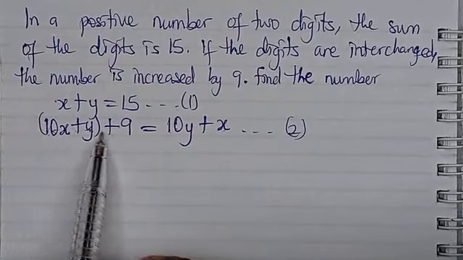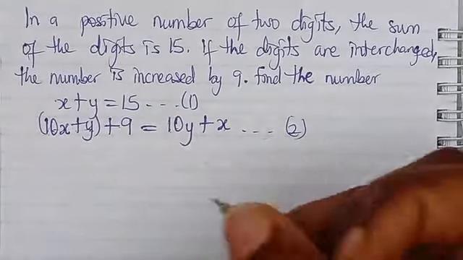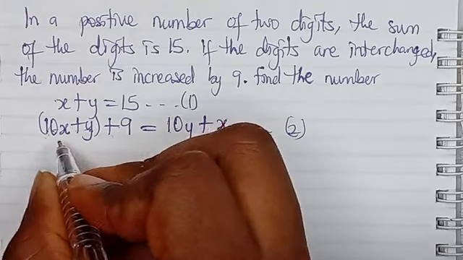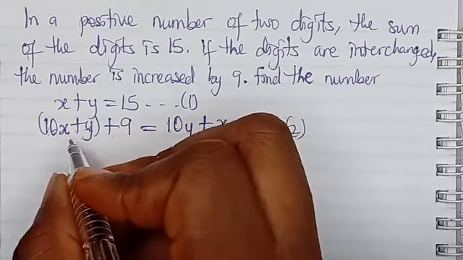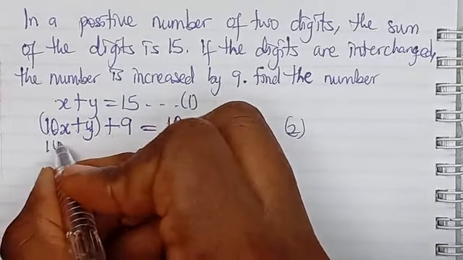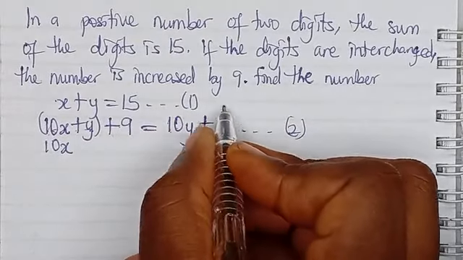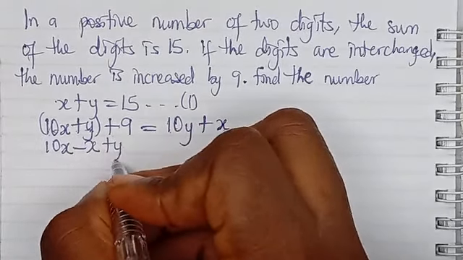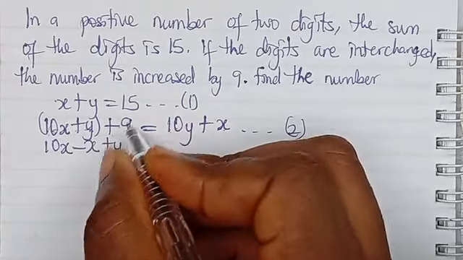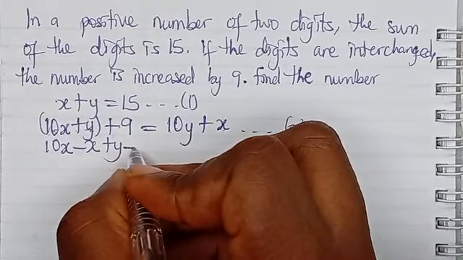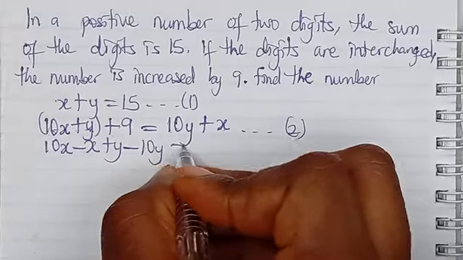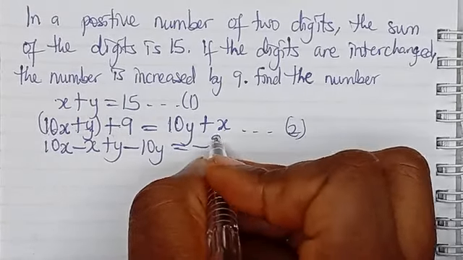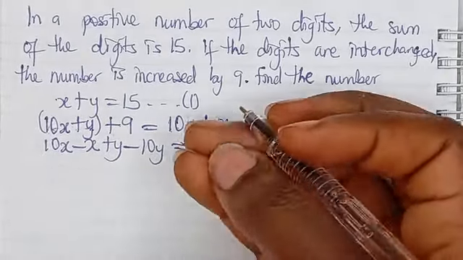We have to arrange this one and collect like terms. So, opening the bracket, we have 10x plus y. Then when we bring this x over, it becomes minus x plus y from here. Then this 10y crosses over to be minus 10y, is equal to plus 9, which crosses over to be minus 9.